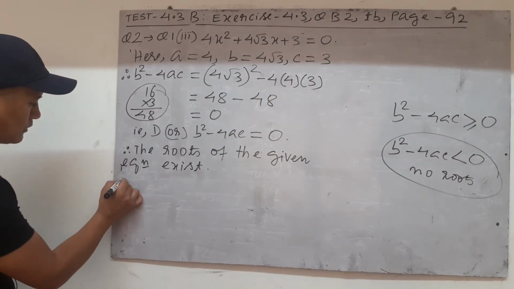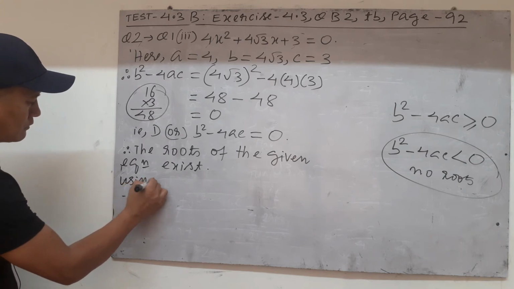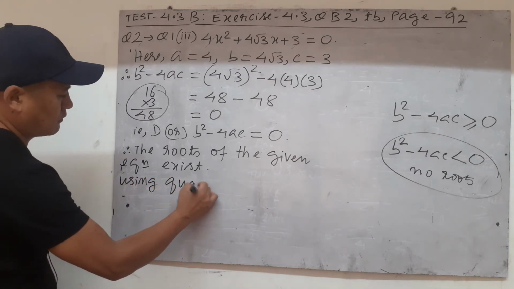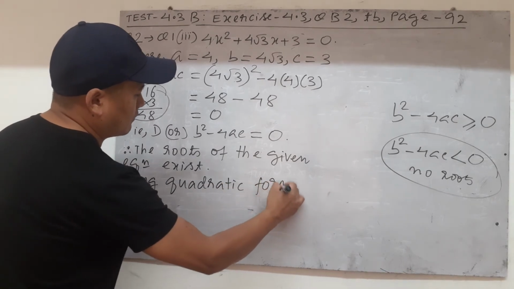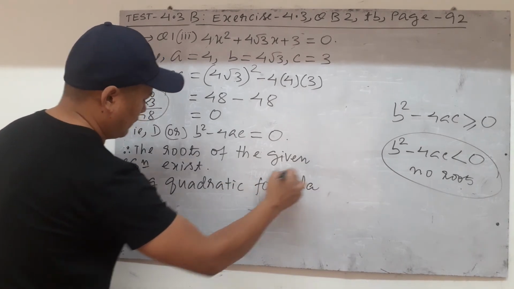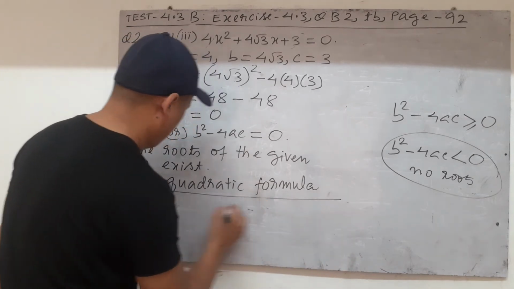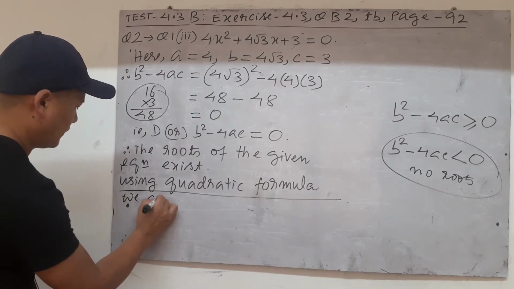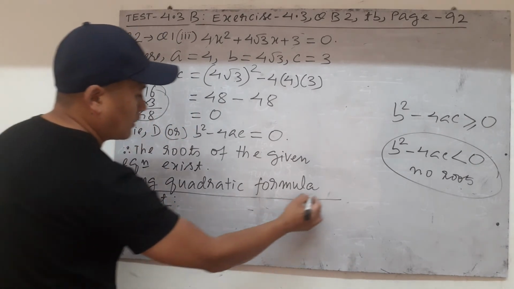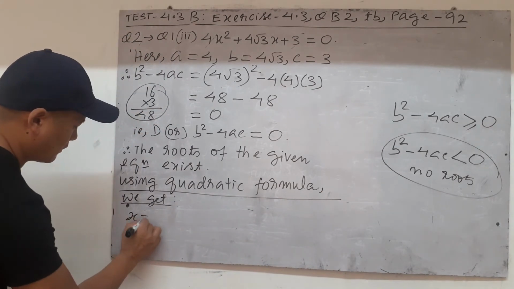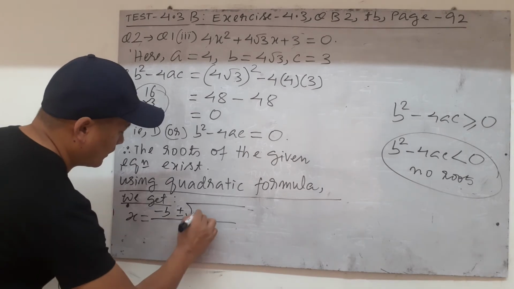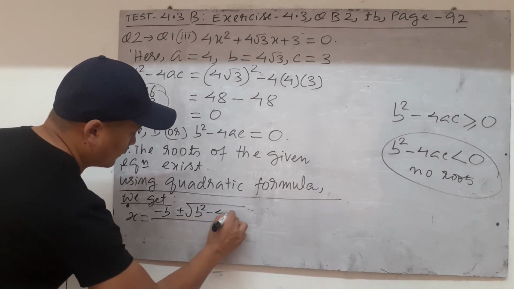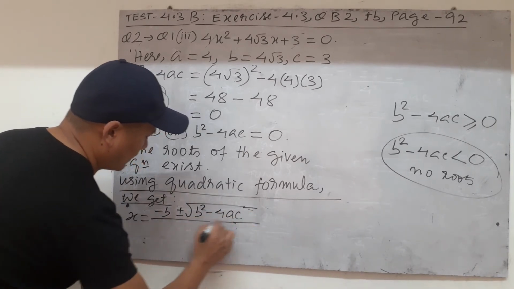So using the quadratic formula, okay, write the formula from memory. We get slowly x equal to minus b plus minus root over b square minus 4ac divided by twice a.